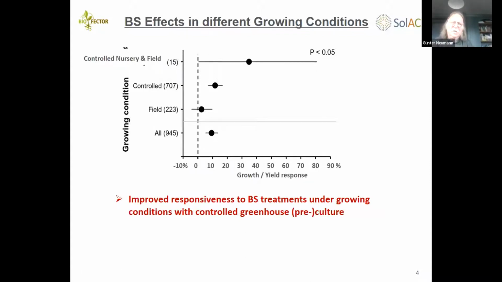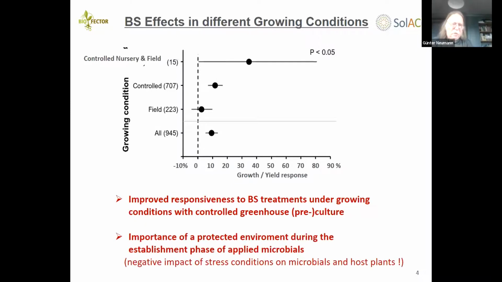Here we see the highest responsiveness, which may be related to this protected environment, which supports the establishment of the association with the microbials in the early growth phases, where they are usually applied.